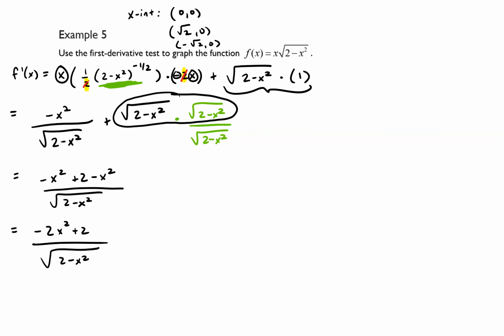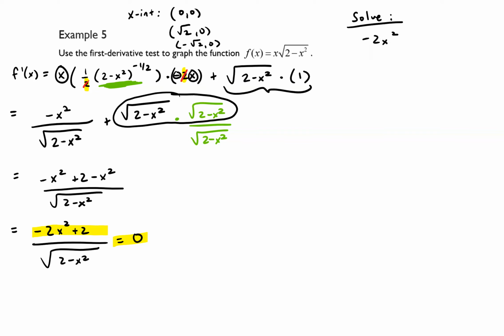And whenever you have a rational function, a rational function is equal to 0 when the numerator is equal to 0. So if we set this whole thing equal to 0, really we just need to set the numerator equal to 0 when we're dealing with a rational function. So we want to solve the following equation in order to find our critical values.